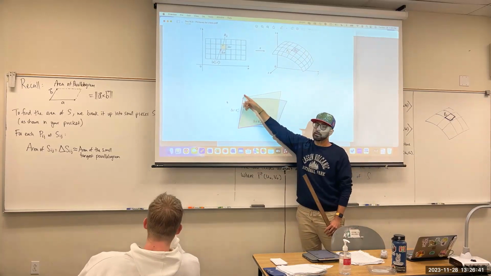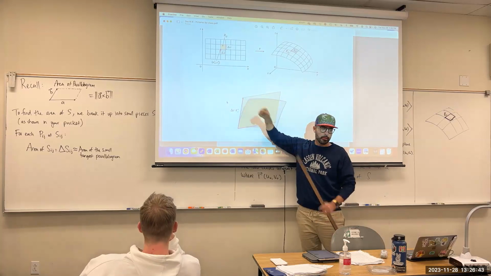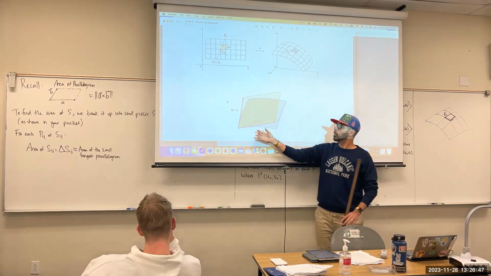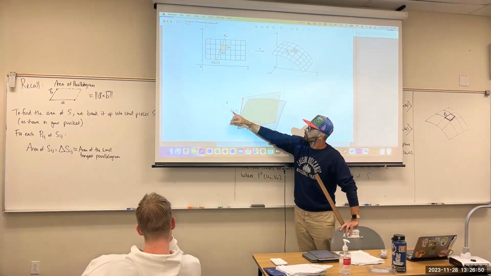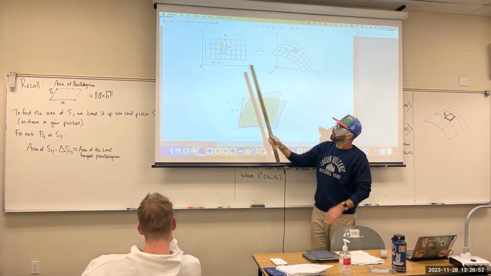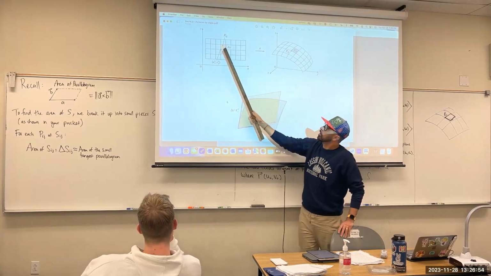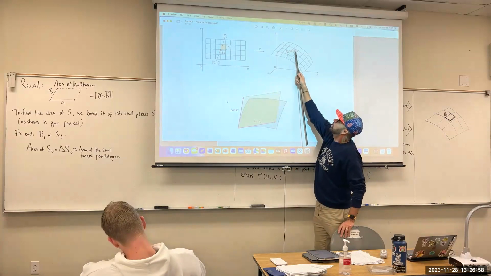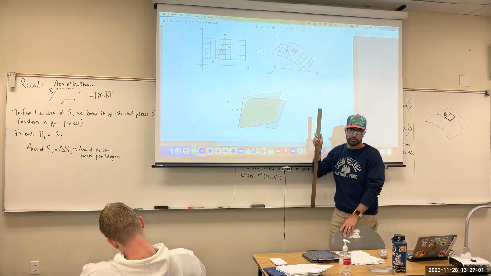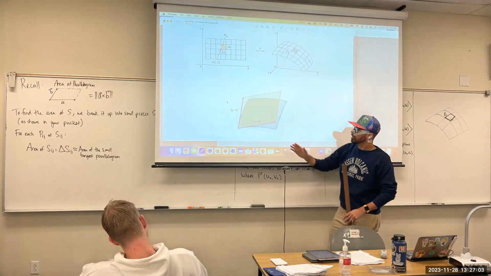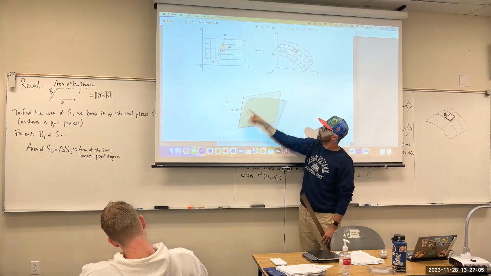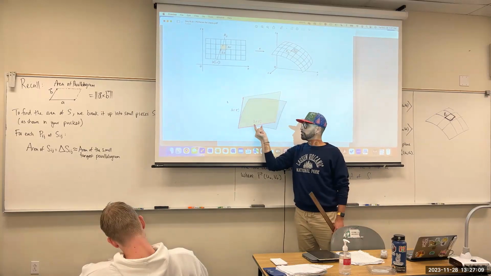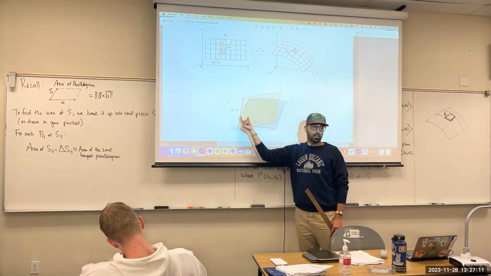We're going to call that R of V, going the other way. But the magnitudes of those vectors probably won't be what we want them to be. So what we're going to do is scale them by the change of delta U and delta V to give me that grid length that I want. So that little tangent parallelogram will be made up by these two vectors, by scaling those tangent vectors.